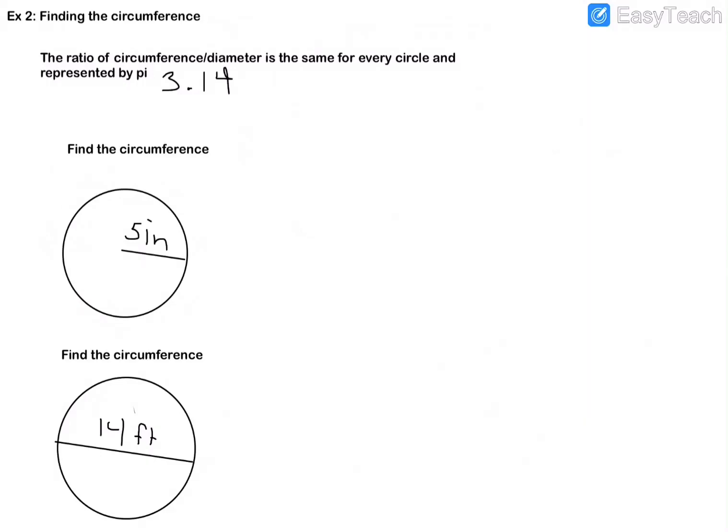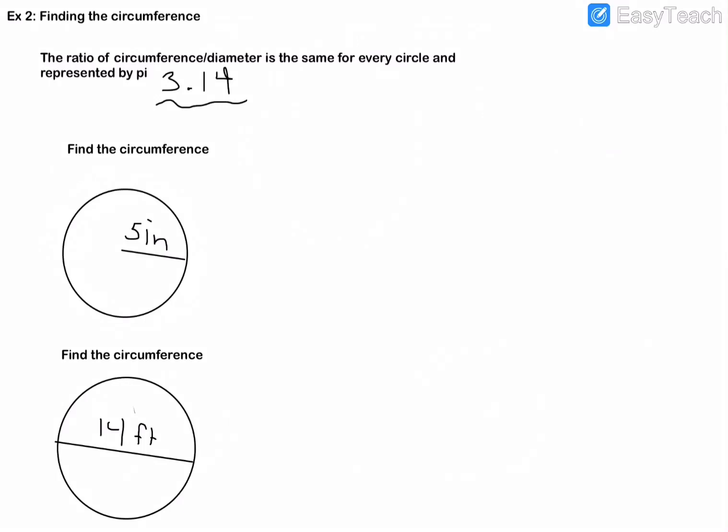When you are solving these problems, either in the textbook or on a worksheet, I would prefer that you just type in 3.14 for pi instead of hitting the pi button on your calculator, because you will get a slightly different answer. So just use 3.14 when putting pi in the calculator.